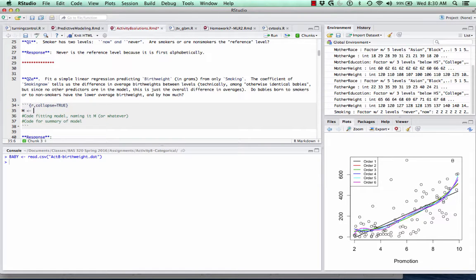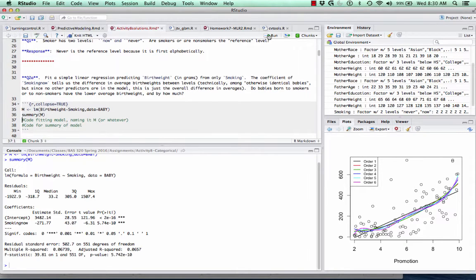Let's go ahead and name this model M, predicting birth weight from smoking in the baby data frame. If we run this and look at a summary of the model, then we can learn something interesting. The coefficient of an indicator variable representing a categorical variable tells us the difference in the average value of y between that level and the reference level.